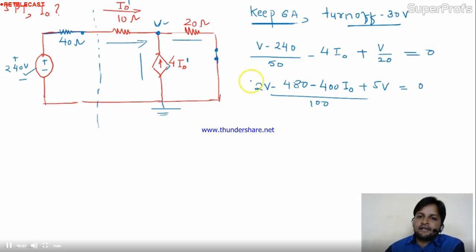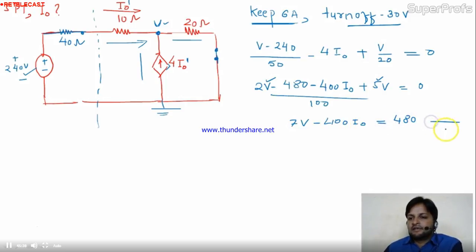Finally, 2V plus 5V, 7V minus 400 I naught equal to 480. Call this equation number 1. Now, we have only one equation and we have two unknowns. So we need another relation to solve this, and that will come from here only.